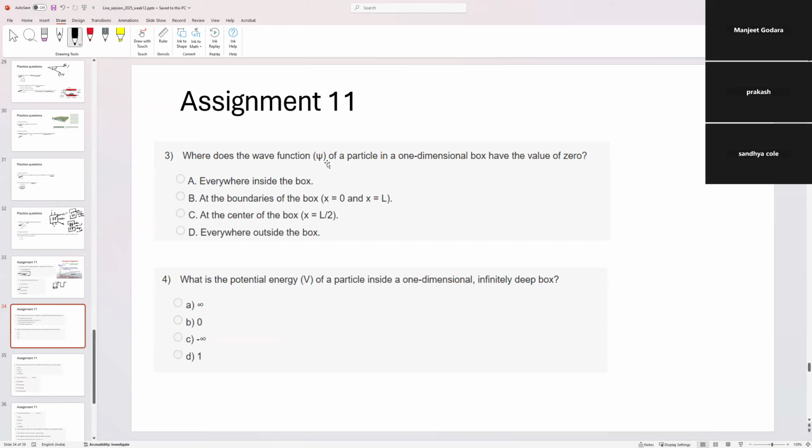Where does the wave function psi of the particle in a one dimensional box have value 0? So this was your one dimension, right? So here x is equal to 0 and x is equal to L. There the wave function psi is 0. Everywhere inside the box is incorrect. At the boundary it is 0.